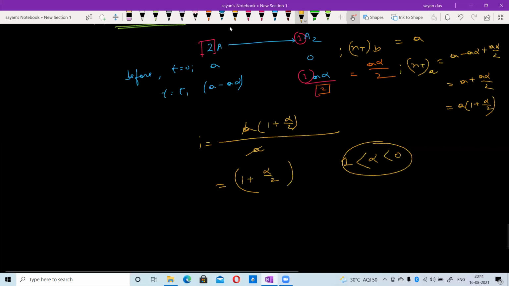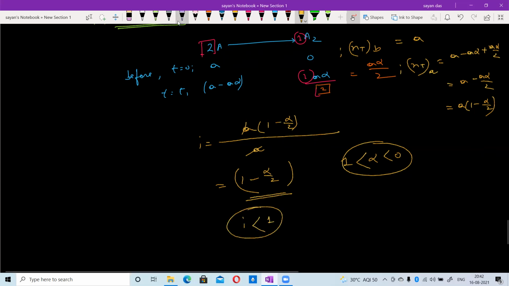Oh, sorry, this one is minus. Just a minute. Okay, so when you put the alpha value, definitely this whole value should be less than 1.